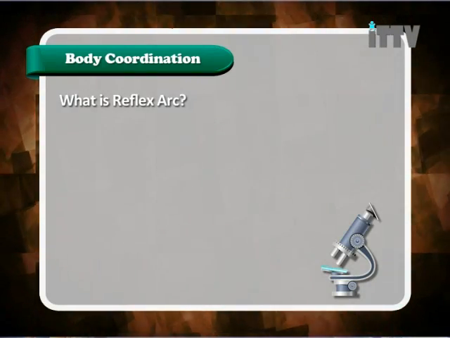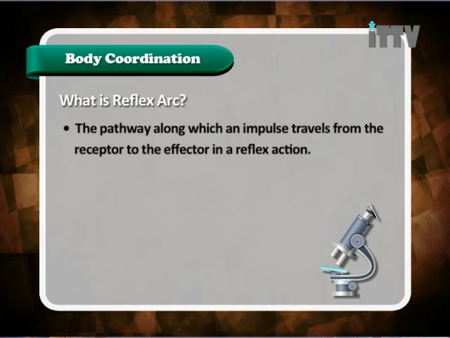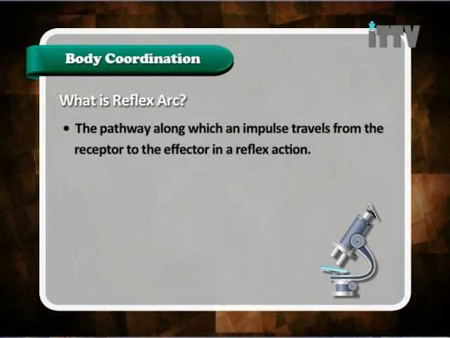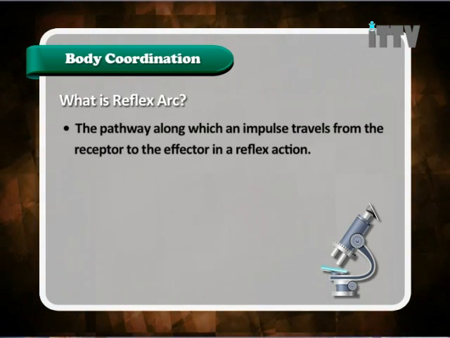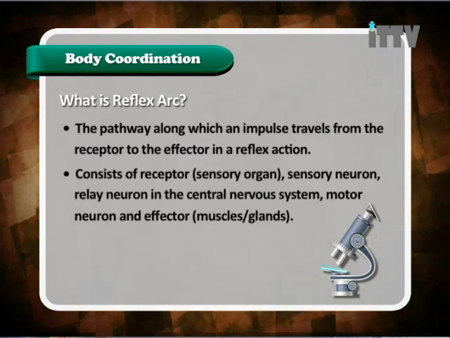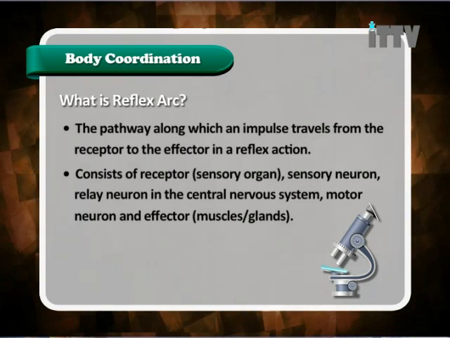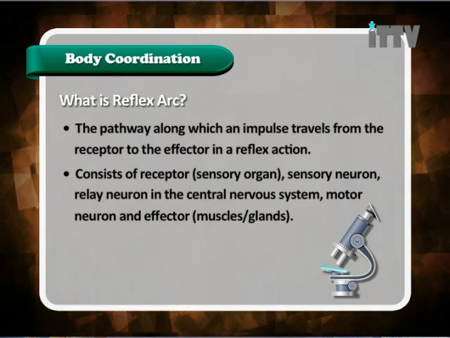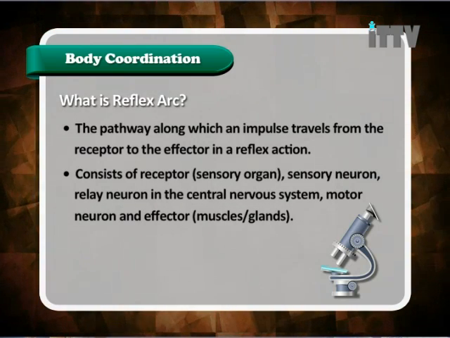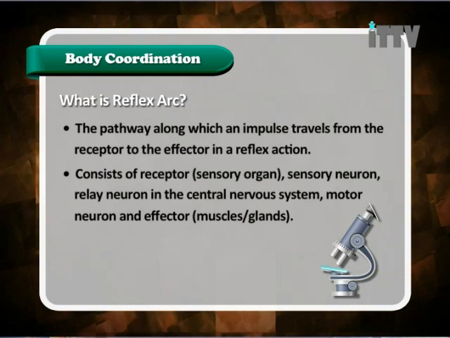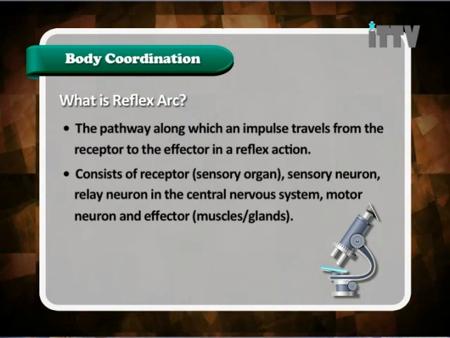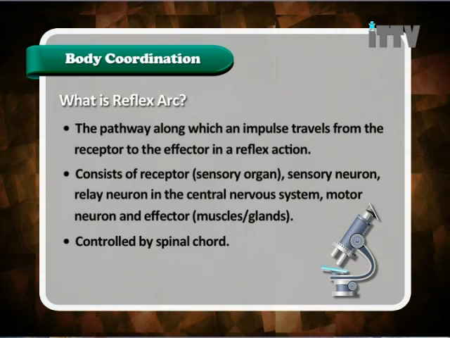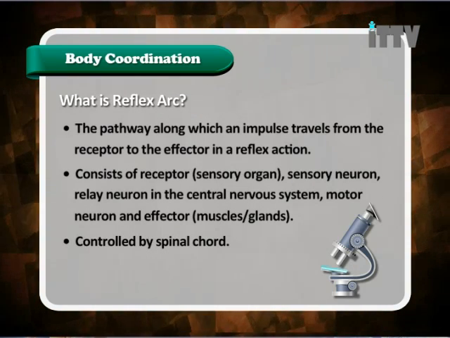What is a reflex arc? The pathway along which an impulse travels from the receptor to the effector in a reflex action consists of the receptor, sensory organ, sensory neuron, relay neuron in the central nervous system, motor neuron, and the effector, muscles or glands, controlled by the spinal cord.